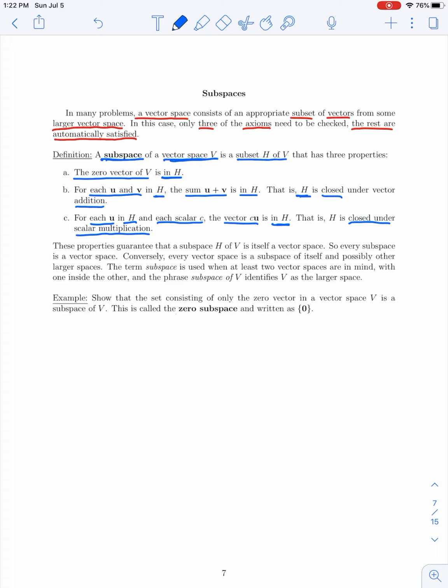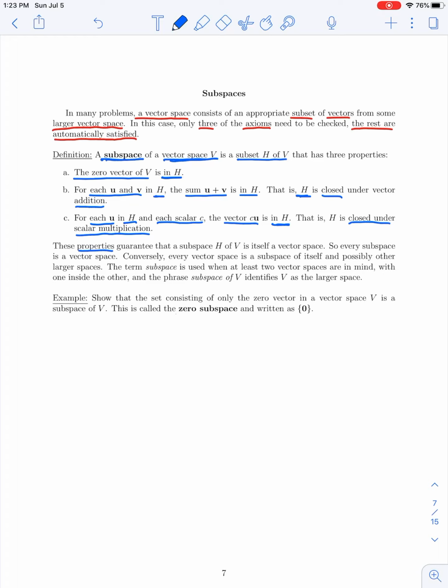So for any scalar and any vector in our subset, the scalar multiple C times U has to still be within our subset. Any subset of a vector space that satisfies these 3 axioms is itself a vector space.